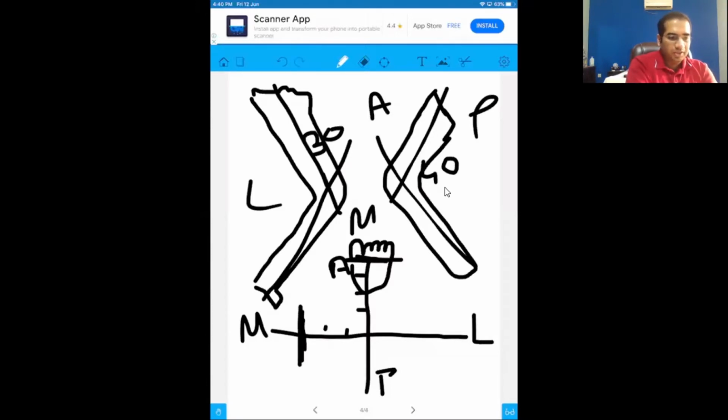Then I will extend these lines and join them. Now this point is going to tell me the exact location of my oblique deformity, because it is somewhere in between the anterior plane and the medial plane. It is a combination of a valgus and a procurvatum.